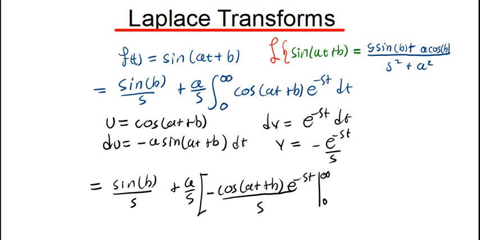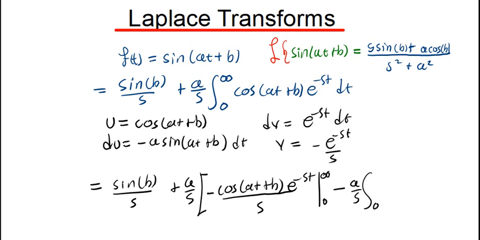Then I'm still going to subtract here because I multiply the v by the du. This negative times that negative becomes positive, so you still maintain the negative from the formula for integration by parts. So that would be from 0 to infinity of, and by the way, there are still some constants that I can pull out, which is the a divided by the s, this a here and this s right here.